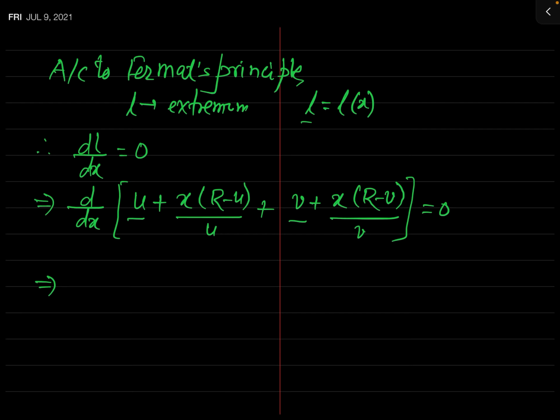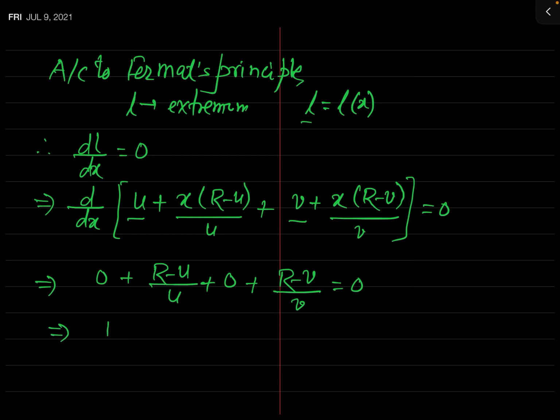So in this equation the only variable is X. So after differentiation, what will you get? dc of U will be 0, and here dx will be 1, so this will be simply R minus U over U. Again dc of V will be 0, and dc of x will be 1, so this is R minus V over V, and this equal to 0.